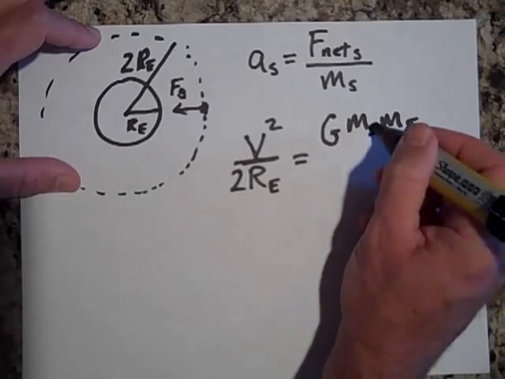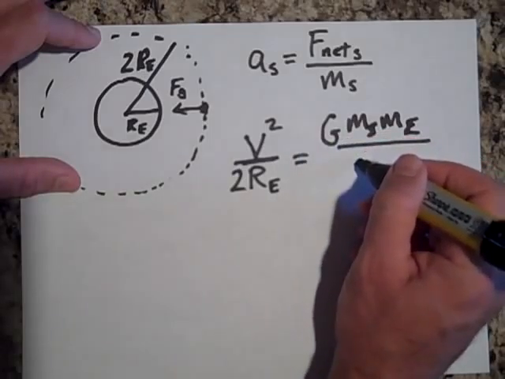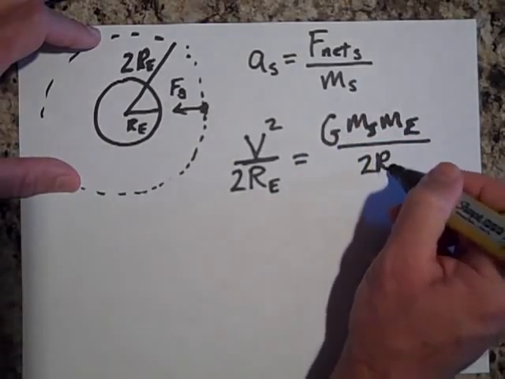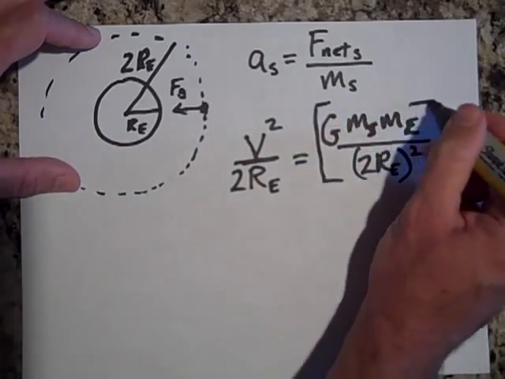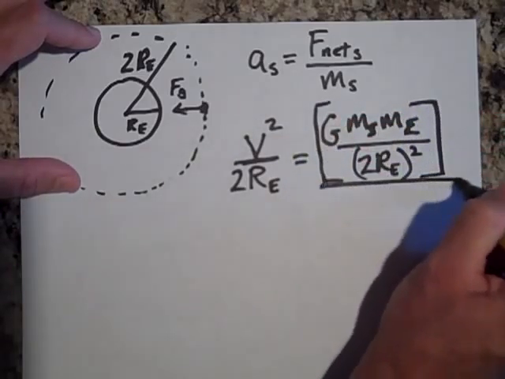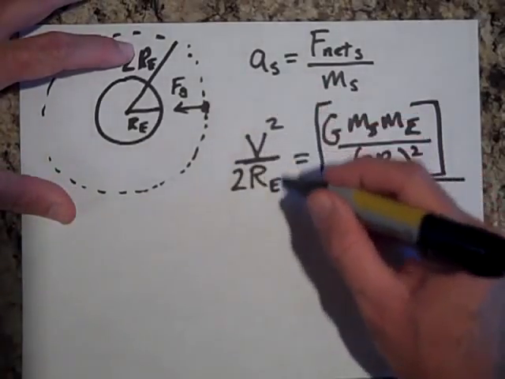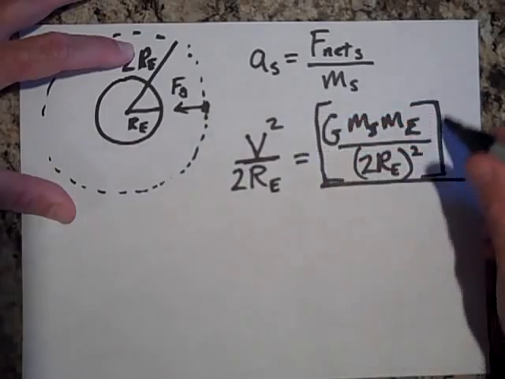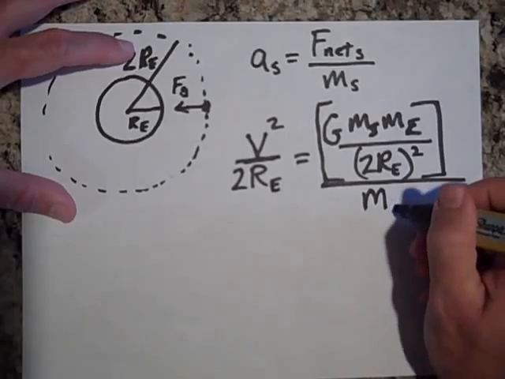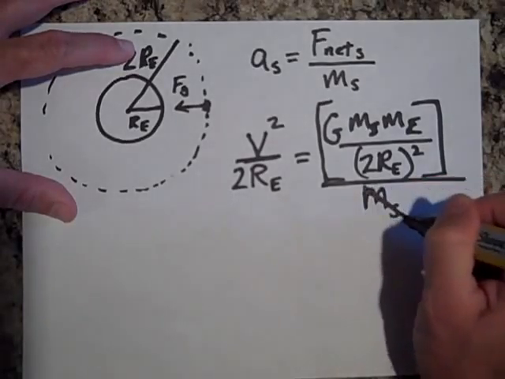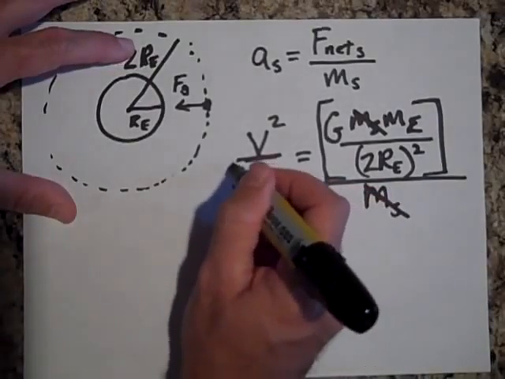The first mass is the mass of the satellite, all over how far they are apart squared, so it'd be 2RE squared. Let me box that so you see that's one force. See how that's one force up there? So a equals F net all over the mass of what? The satellite. So boom, boom. Let's get rid of one 2RE.